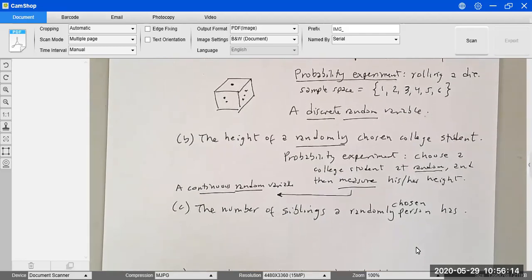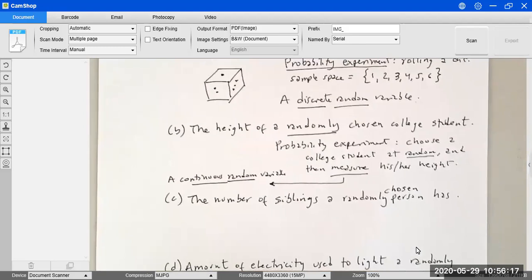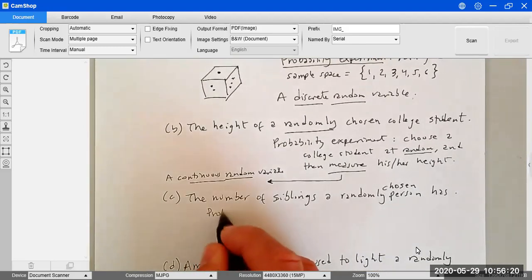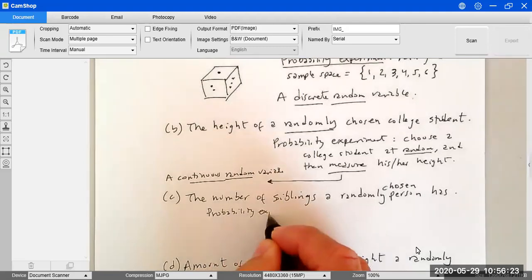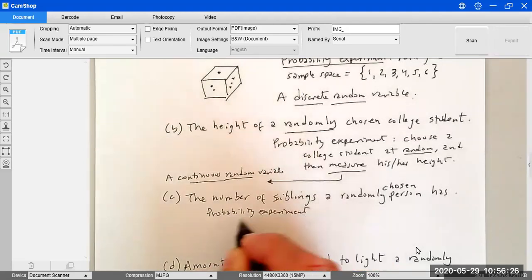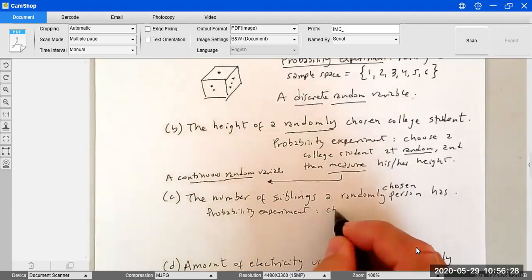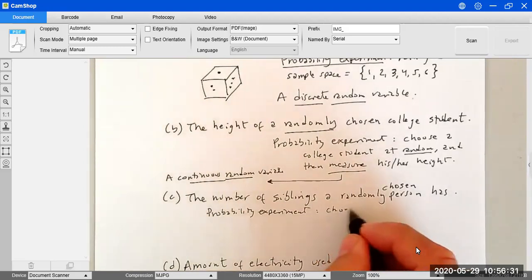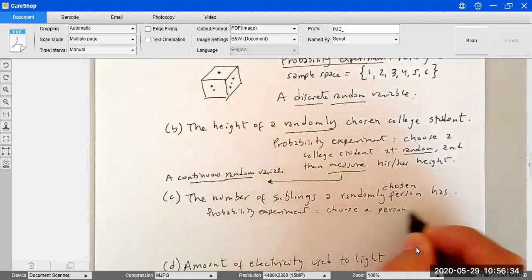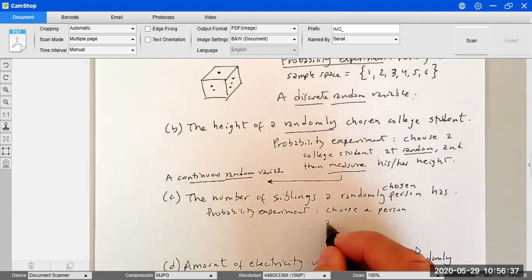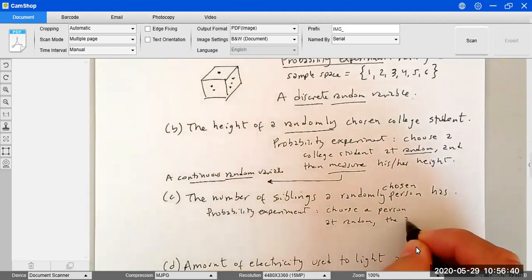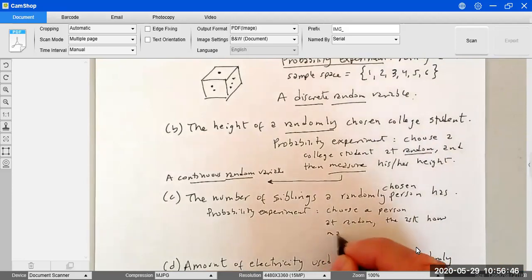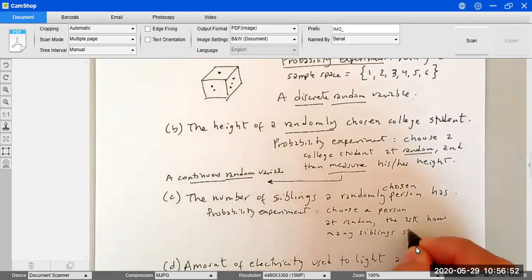Now, the number of siblings a randomly chosen person has. So what is the probability experiment? The probability experiment is that you are again choosing a person at random and then asking how many siblings she or he has.